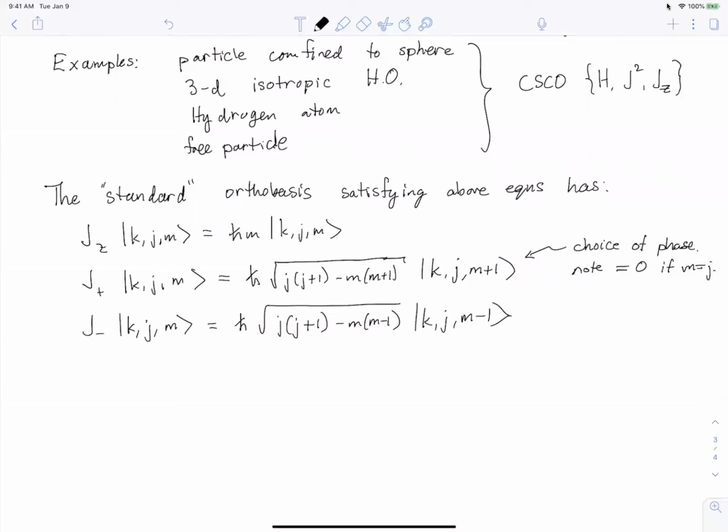And there's a remarkable fact, which is very fortunate, that this choice of phase that I've made right here and this choice of phase that I've made right there are consistent with each other. That didn't have to be true, but if you choose both of them to be +1 and not some other phase like -1 or e to the 17i pi over 19, you get a consistent choice of phase.